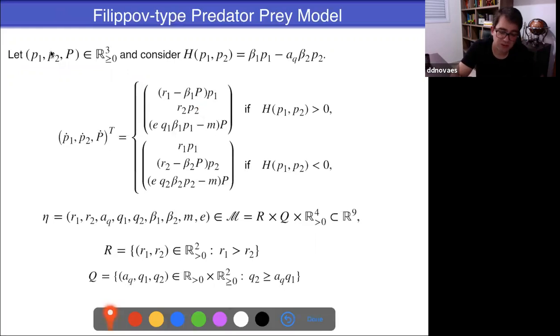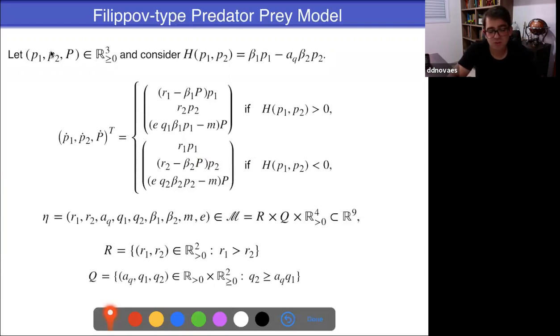Eventually, the population of prey 2 increases and the population of prey 1 decreases, and this function changes its sign. So in this situation, both systems are Lotka-Volterra systems. Now the prey P1 increases exponentially if R1 is positive, and now there exists an interaction between the predator P and the prey P2.